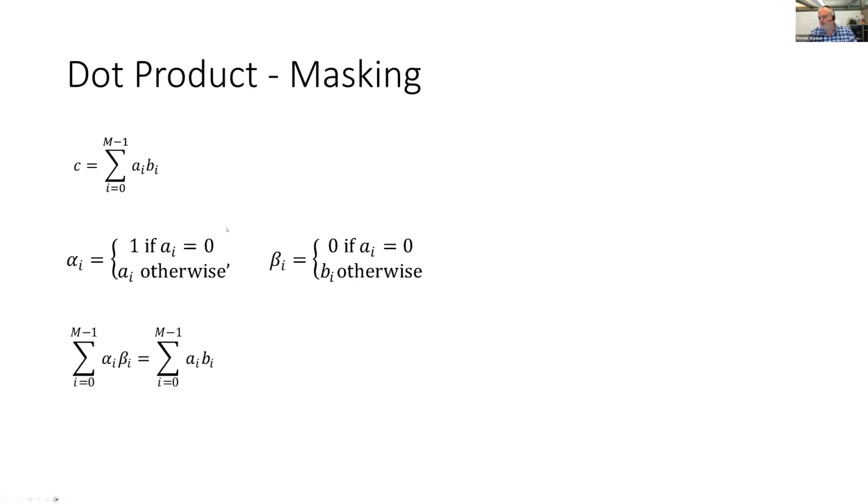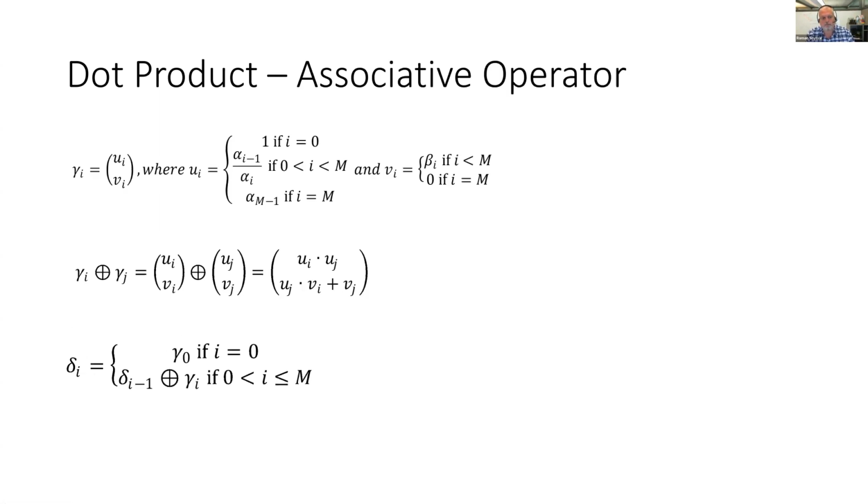And after you have removed zeros from the two arrays that you will do the dot product with, you create a new sequence of pairs and you define the new operation, this plus in a circle, and you can prove that this operation is associative. So the dot product is actually representable as a prefix sum.